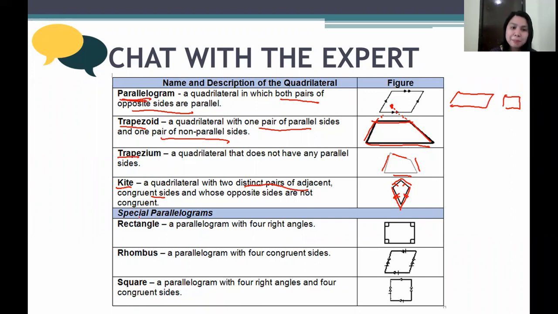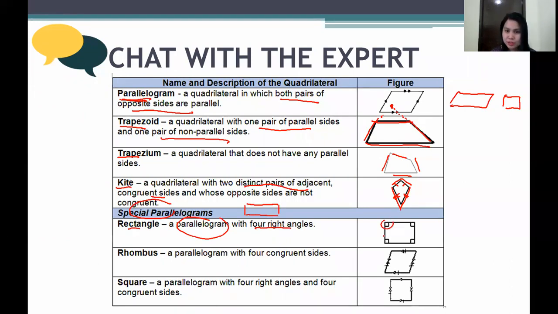Now, what are special parallelograms? What are parallelograms again? Two opposite sides are parallel. The first is a rectangle. A rectangle is a parallelogram. What makes it more unique? There are four right angles.